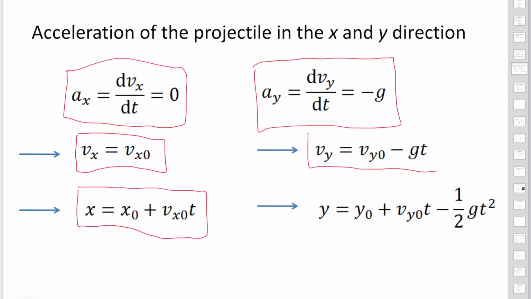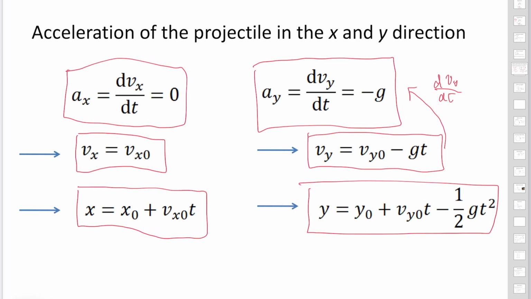From this equation, velocity in the y direction is v sub y equals v sub y0 minus gt. You can check whether this is correct by finding the derivative of v sub y over dt. It actually becomes a sub y equals minus g. Then one more integral to find y. y is expressed as y sub 0 plus v sub y0 t minus 1 over 2 g t squared.